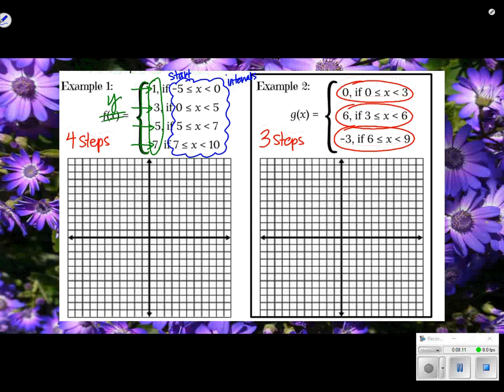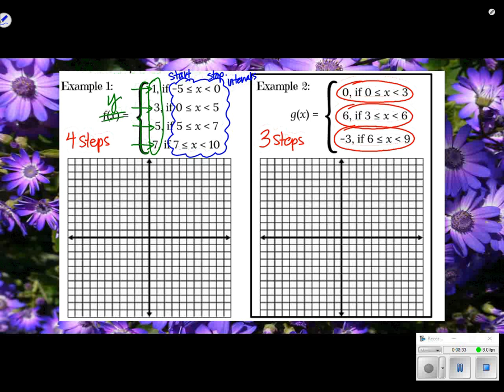Notice that all of these have x's in between. And where it stops is the last number. So I start on the first line at -5 and I stop at 0. Then I start at 0 and stop at 5. Then I start at 5 and stop at 7.